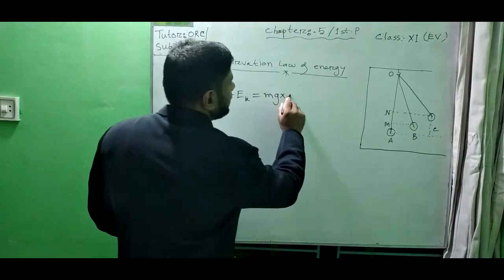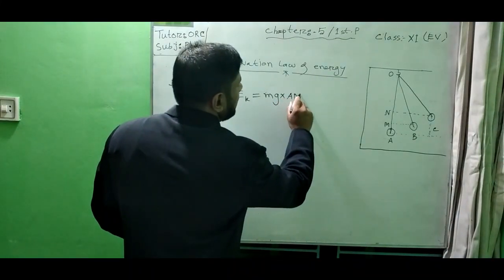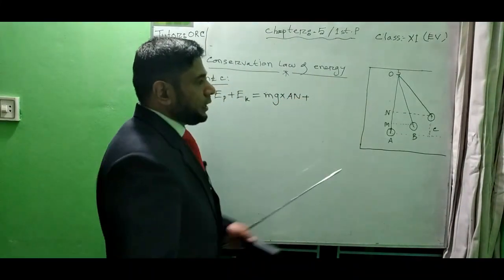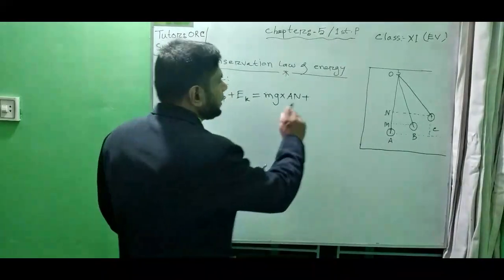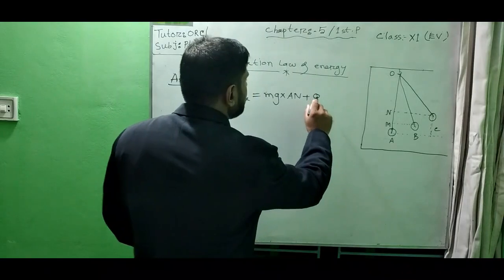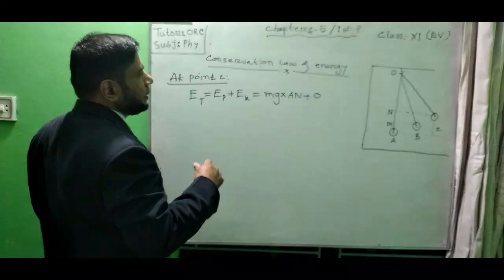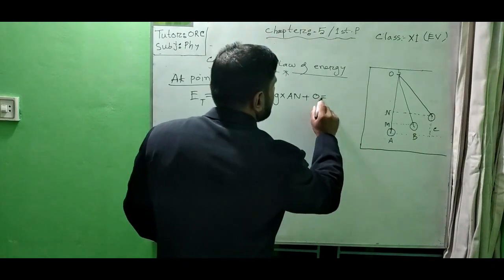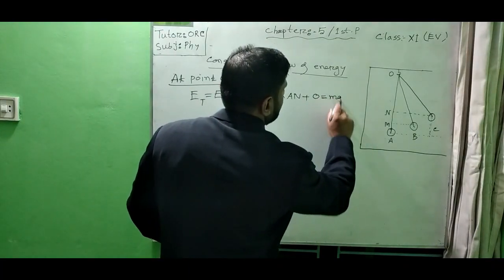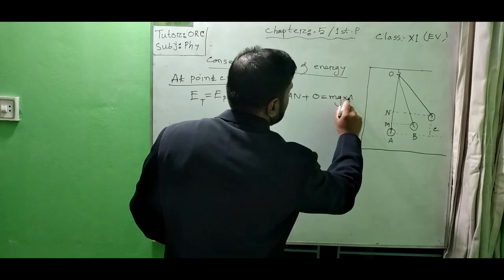So mg into AN. As there is no velocity at point C, there will be no kinetic energy, so the kinetic energy will be 0. So the total energy at point C will be mg into AN.